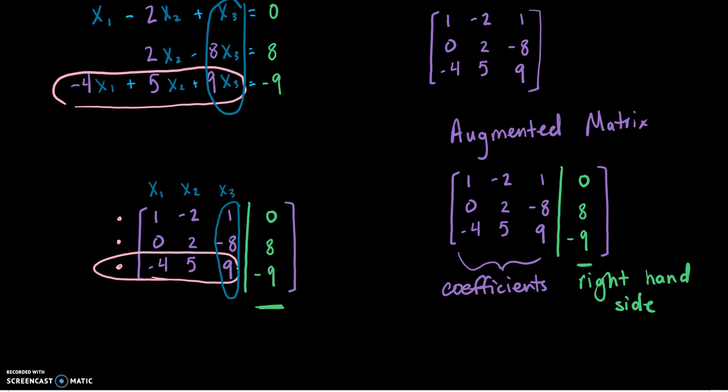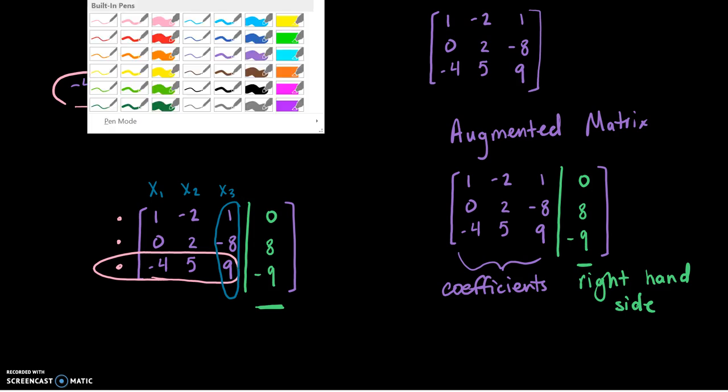Now we'll get into why matrices are important and how we think about them in later videos, but one thing we want to stress right now is the dimension or size of our matrix.